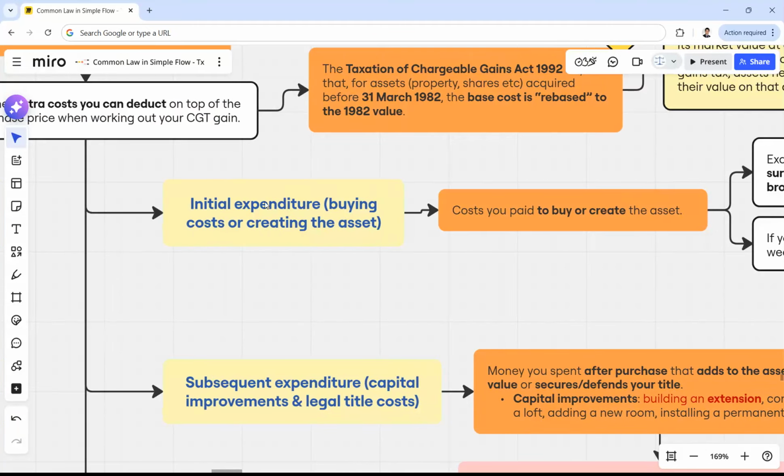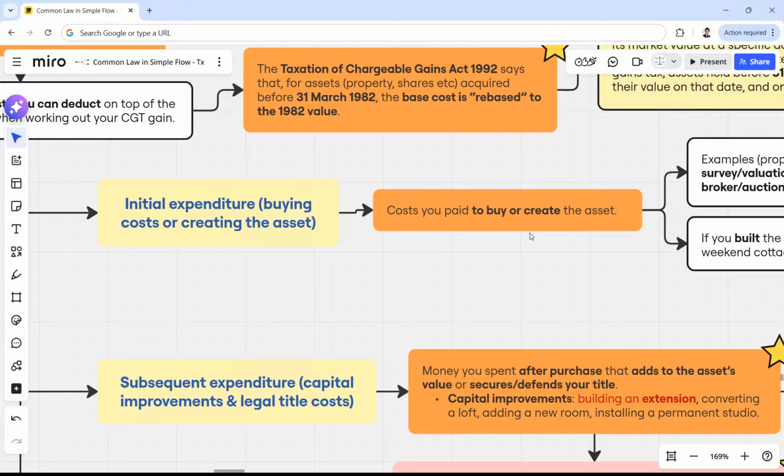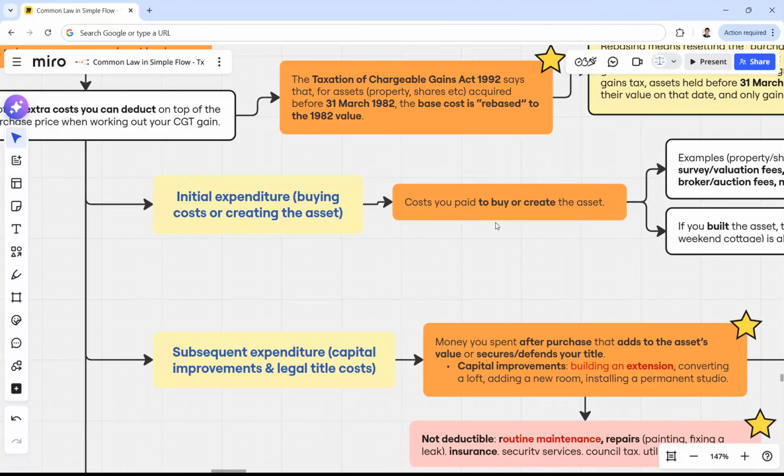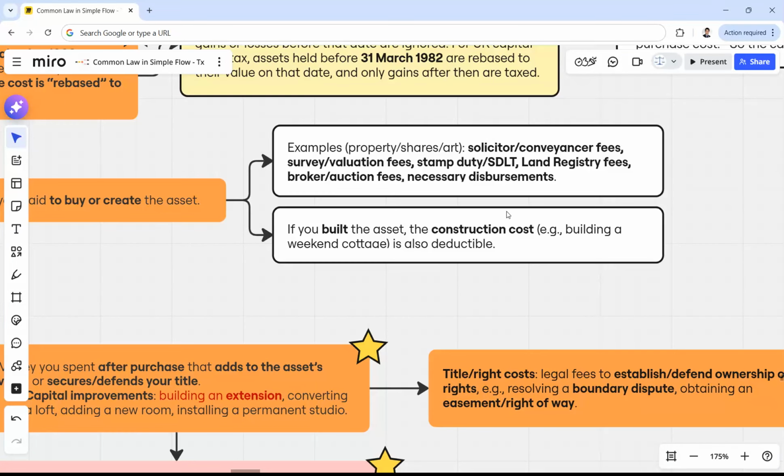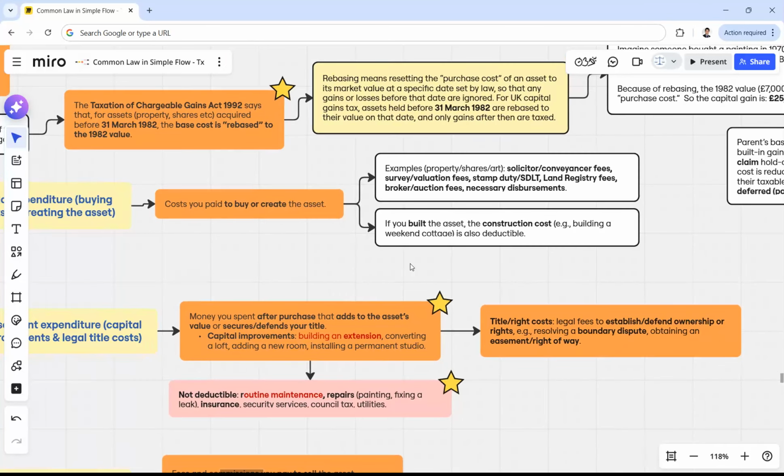So these are the costs that you get when you buy or create it. It's not about the purchase price, but it's about the extra costs that fall on you, and you can deduct them as well. If you build the asset, the construction costs, for example, building a weekend cottage, are also deductible.